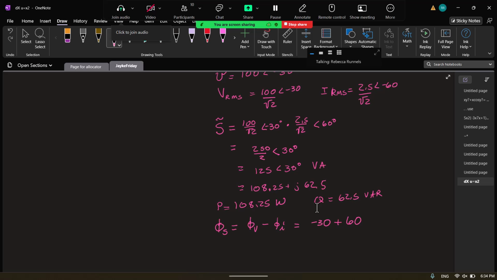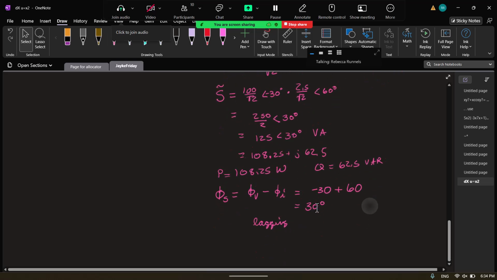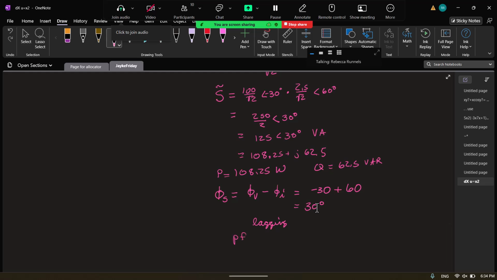So that's minus negative 60 gives me 60. So that gets me 30 degrees. Notice that my current is behind my voltage, so this is lagging. And my power factor is the cosine of 30 degrees, which is 0.866.